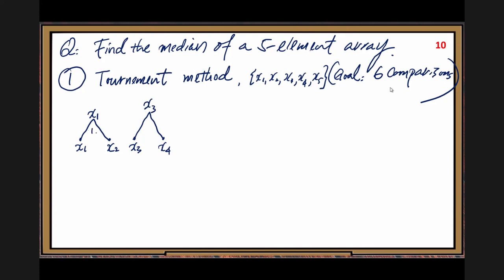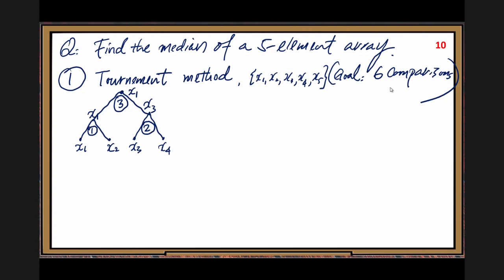This is our first comparison, and this is our second comparison. Then comparison between x1 and x3, let's assume x1 is the winner. That is our third comparison. So with the first 3 comparisons, we get this result.